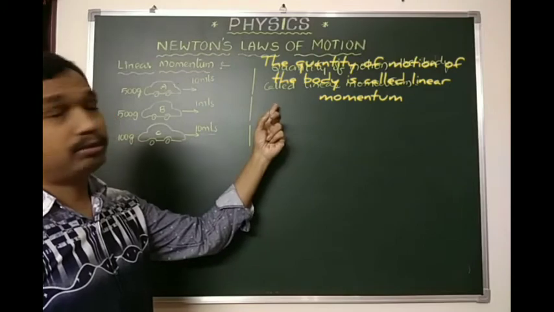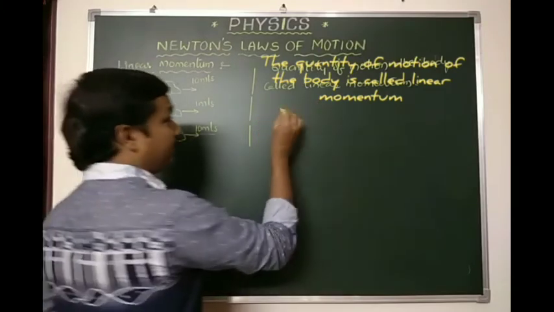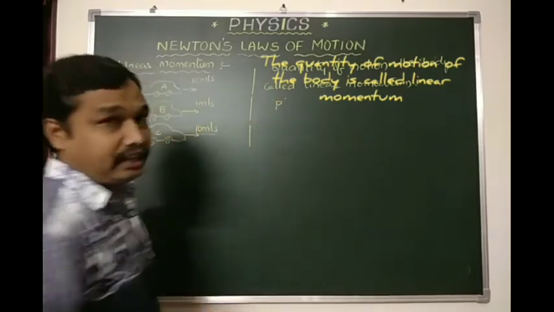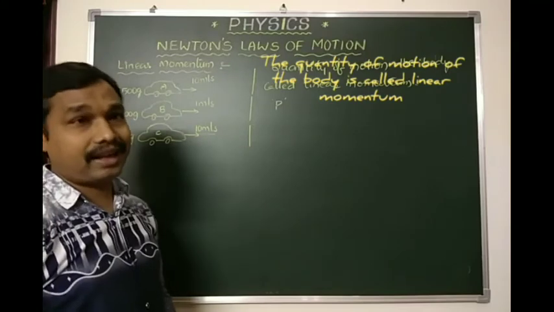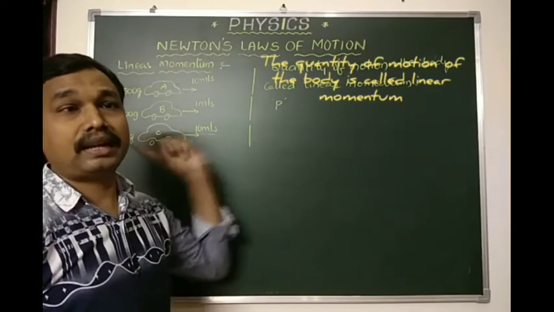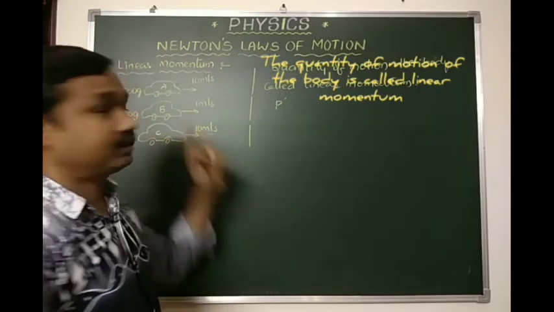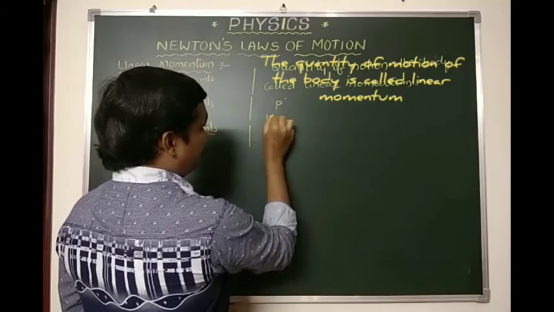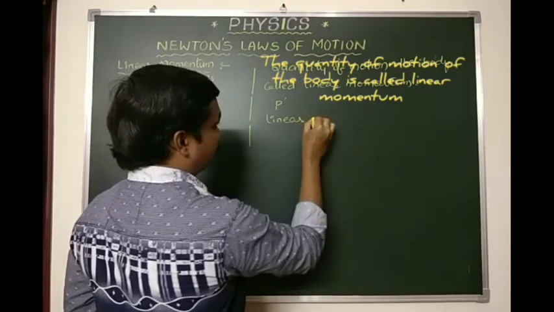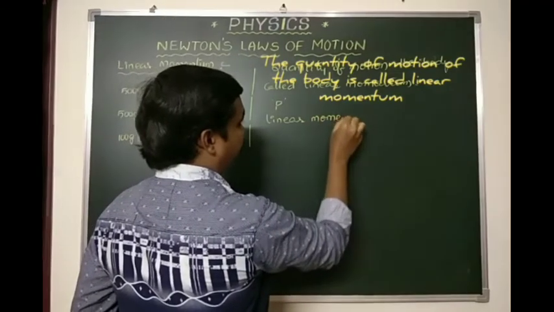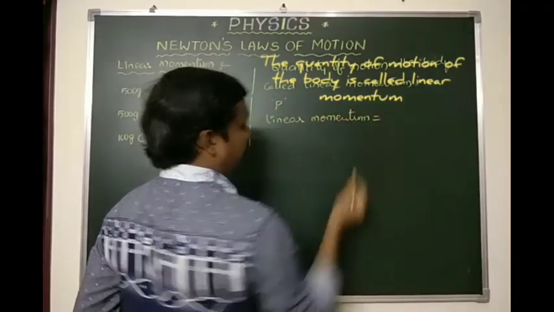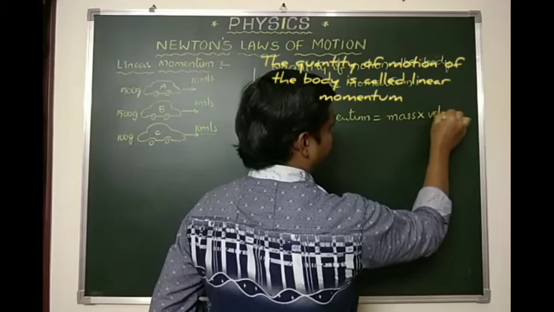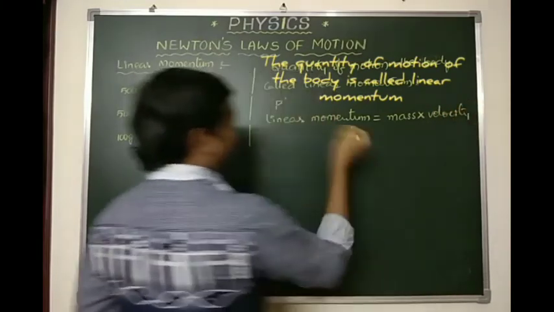The quantity of motion of the body is called linear momentum, and linear momentum is represented with the symbol P. Linear momentum is also defined as the product of mass and velocity. We can write a formula: linear momentum equals mass of the body times velocity.